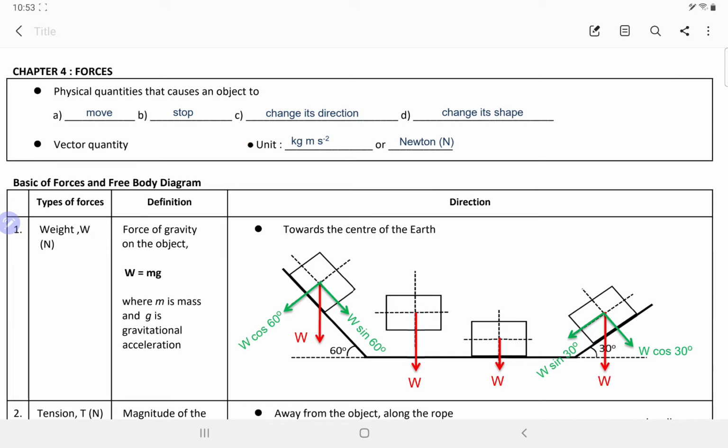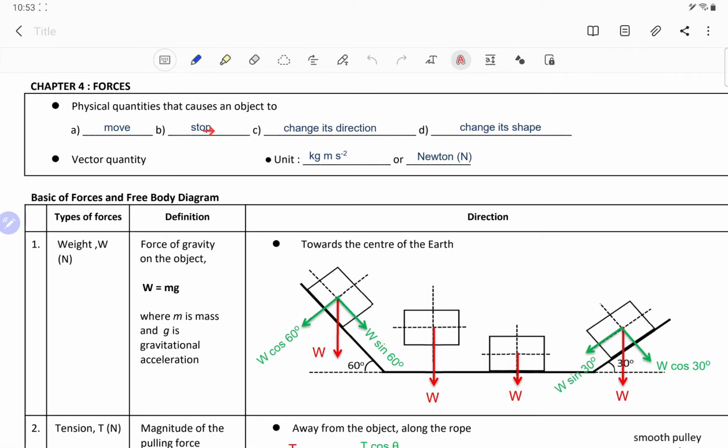So forces are physical quantities that cause an object to move, stop, change its direction and change its shape. So force adalah satu kuantiti, satu kekuatan yang boleh menyebabkan suatu objek bergerak, berhenti, ubah arah dan ubah bentuk. Okay, and then force is a vector quantity.